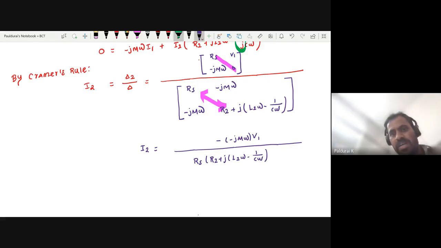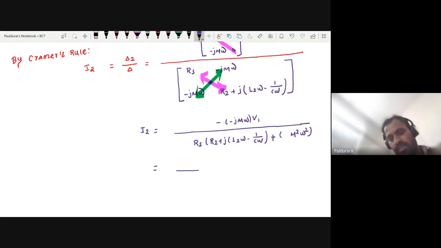Okay. And after that you want to multiply these two. Obviously minus minus becomes plus. Already you are having one minus j squared m squared omega squared, right? So j squared is minus 1, so right away I can write plus m squared omega squared.